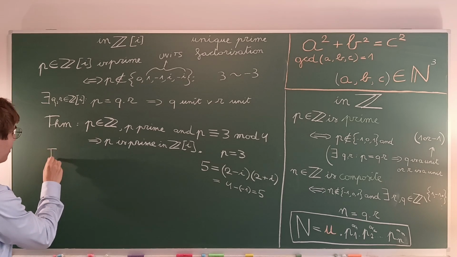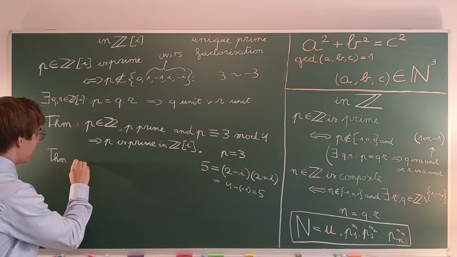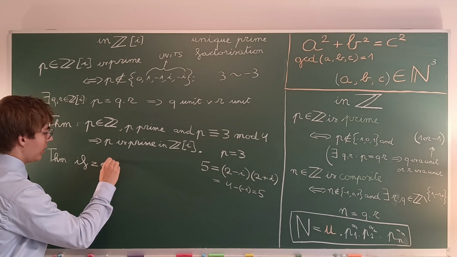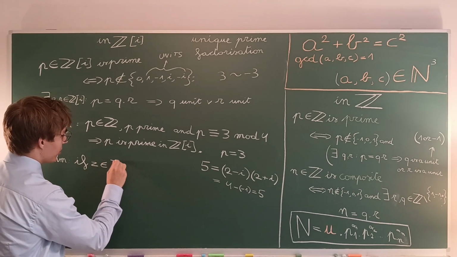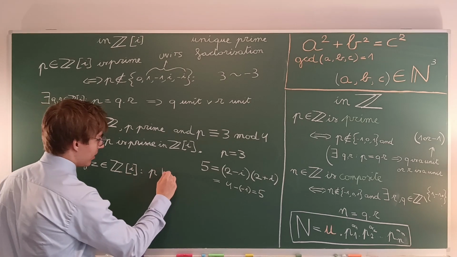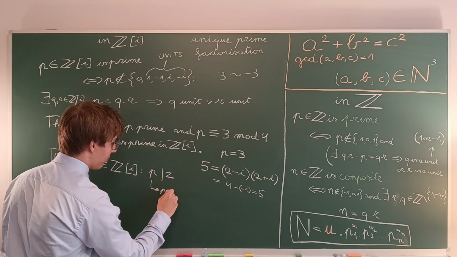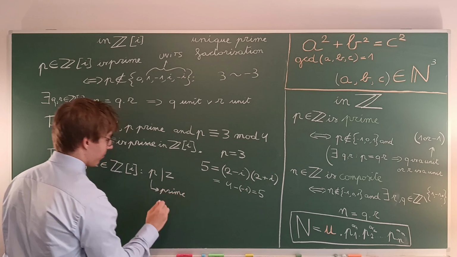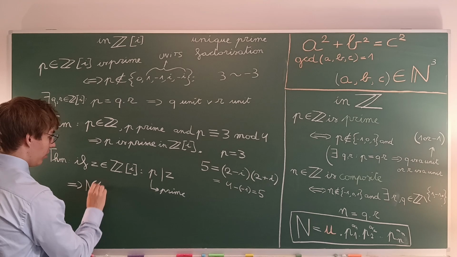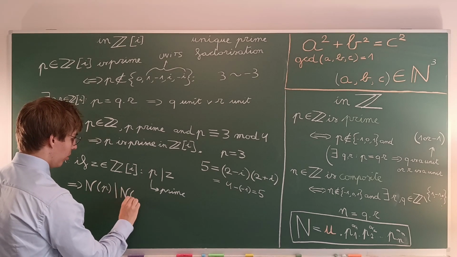Now let me give you a second theorem that states that if z is an element of the Gaussian integers and p divides z with p prime, then it follows that the norm of p also divides the norm of z.